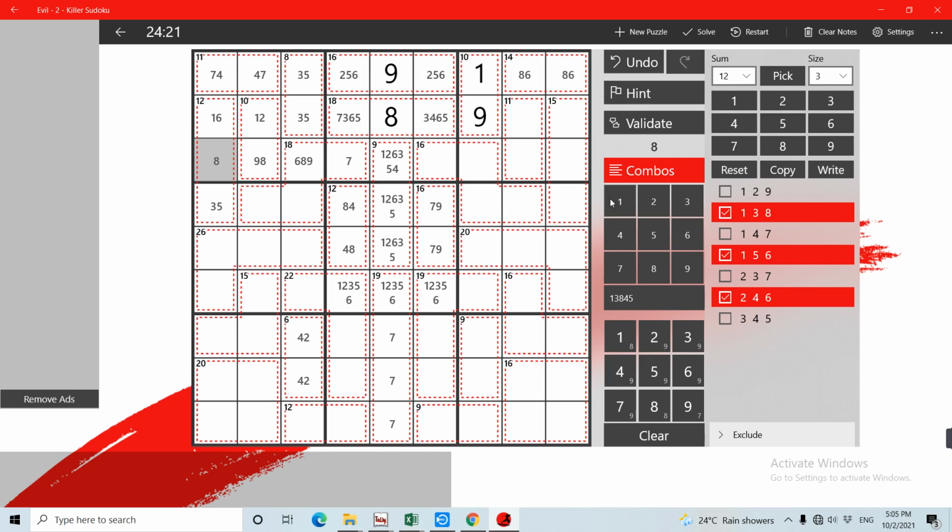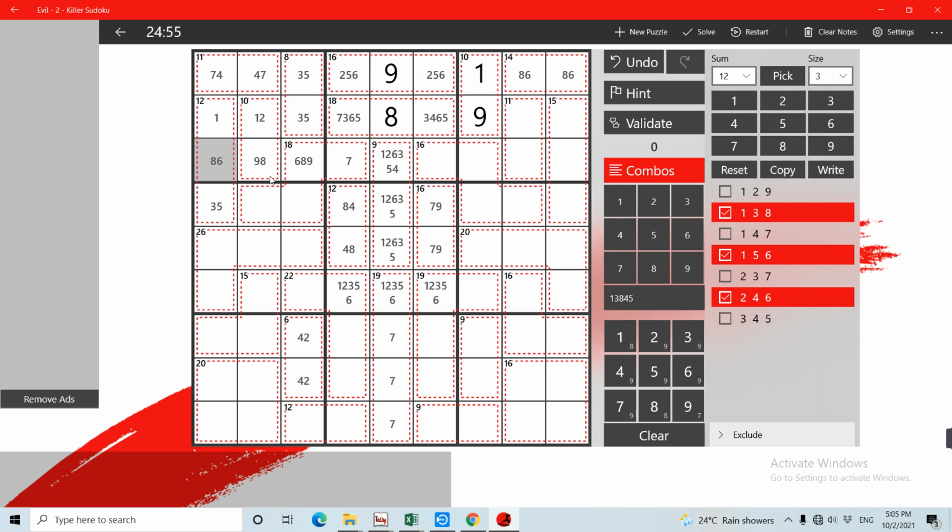Similarly, 1 and 6. But I cannot have a 1 here. Again, same thing. 183, 165. So I cannot have a 6 here as well because I cannot enter 1 here, cannot enter 6 here.